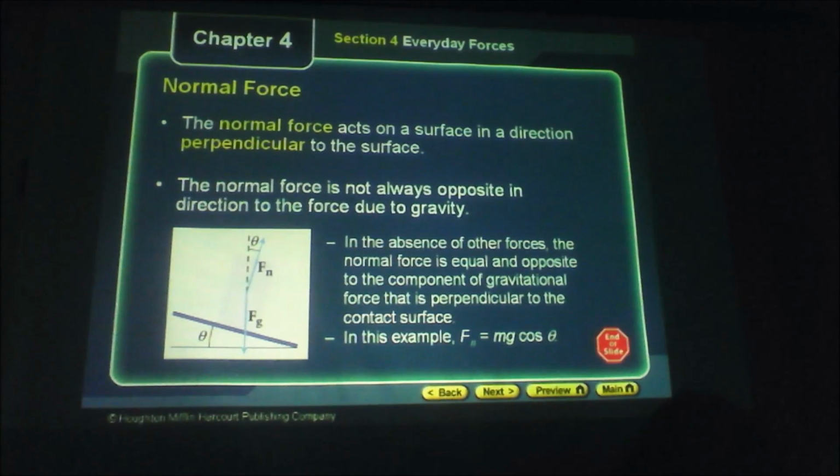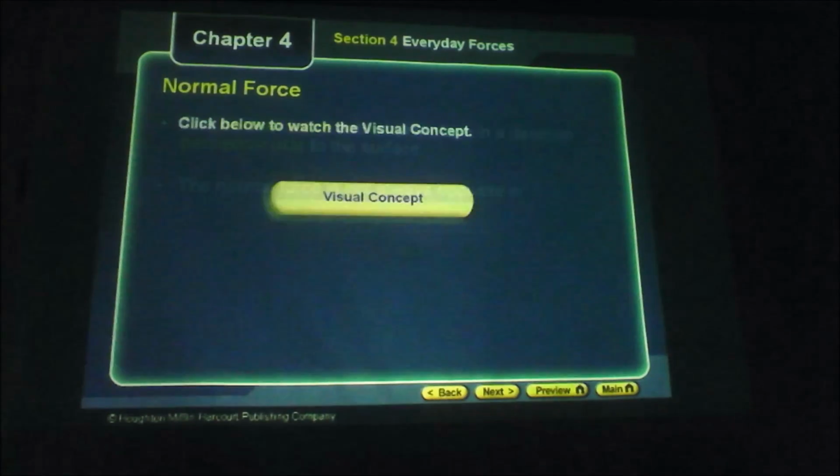In this example, our F sub n, or our normal force, would be the mass times acceleration due to gravity times the cosine of theta, where theta is the angle of the incline. And also notice that the same angle then perpendicular or normal to the force, that would also be theta.